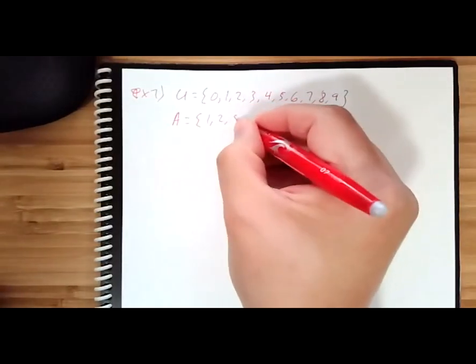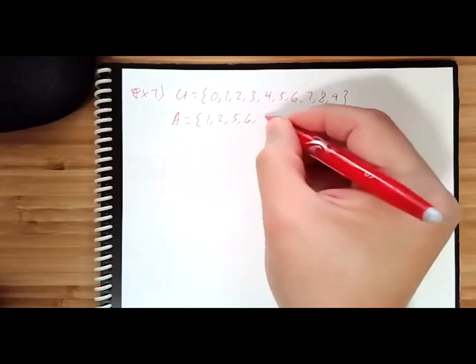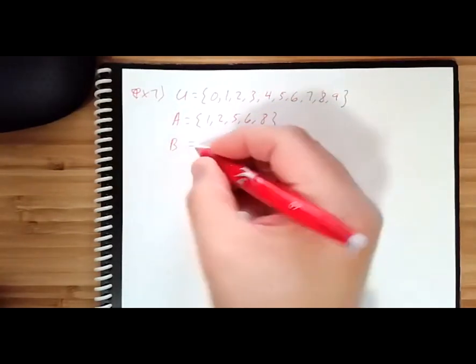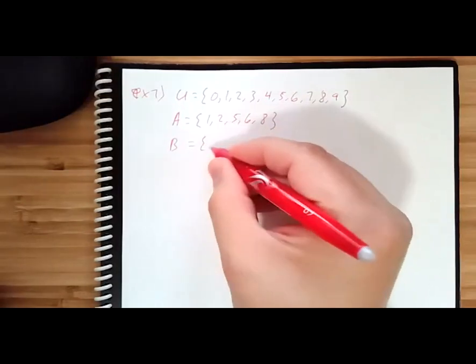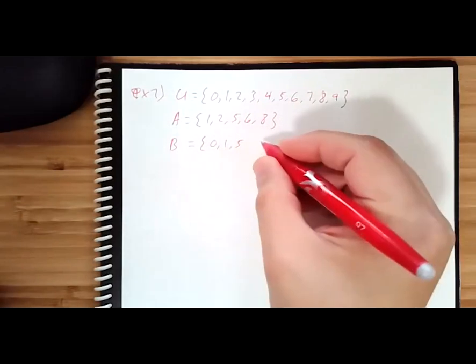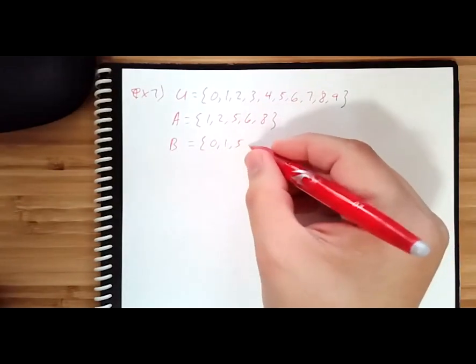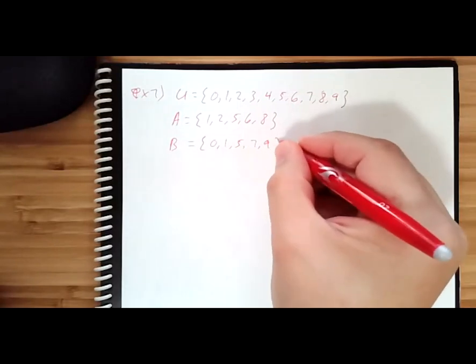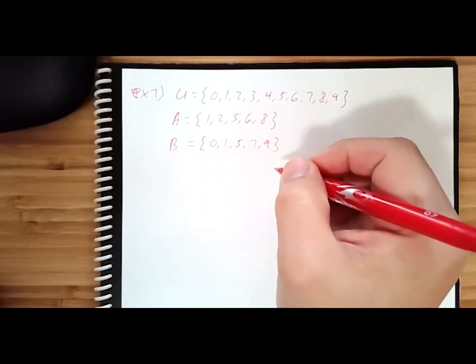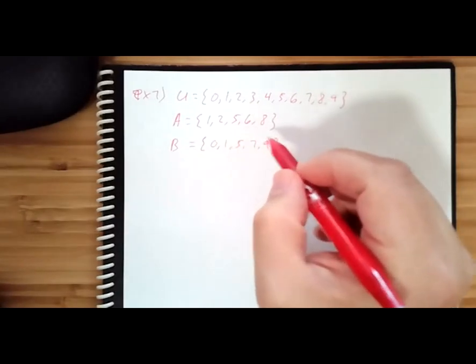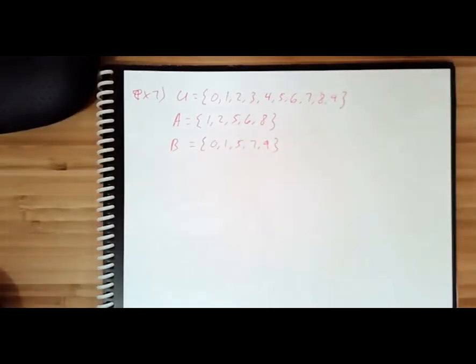A is 1, 2, 5, 6, 8. B is 0, 1, 5, 7, 9. Okay. That looks like it's the same stuff.